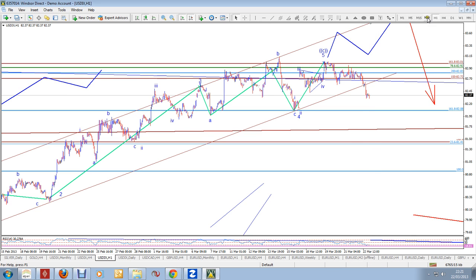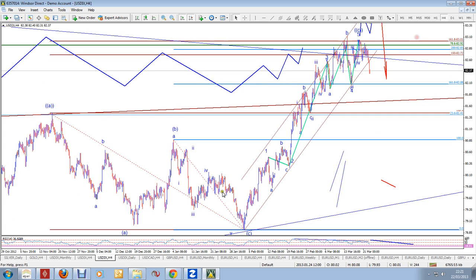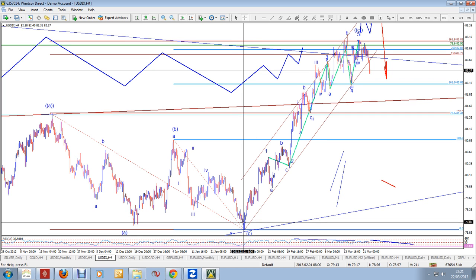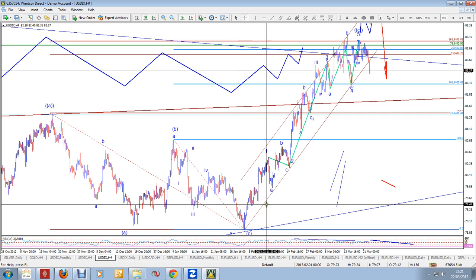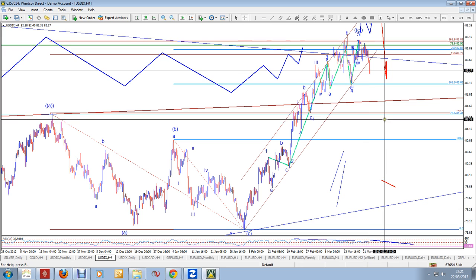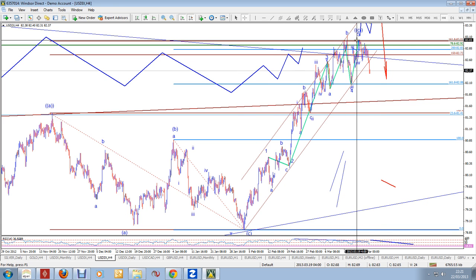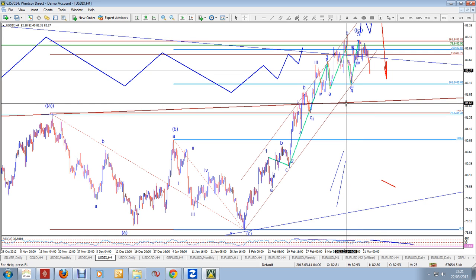But the problem I'm having with this is that when you put this channel up, if the wave breaks through that channel to the downside, then in terms of normal technical analysis we would say that particular trend has changed to the downside. That means all the 5 waves you're talking about are already complete. So from that perspective, I think the dollar has already topped.